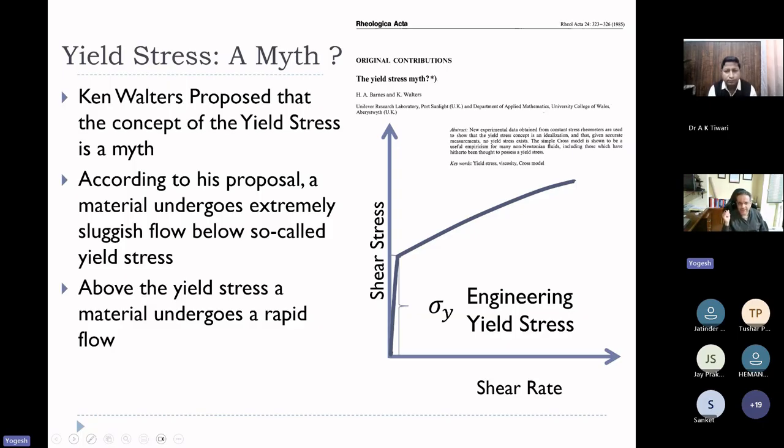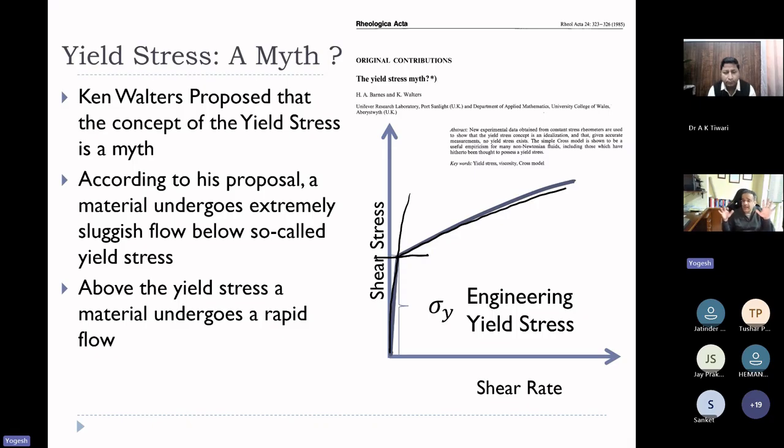What they proposed is that the yielding phenomenon is not actually a no flow to strong flow transition, but a weak flow to strong flow transition. According to them, below yield stress, the material flows with extremely high viscosity, but above yield stress, it yields and starts flowing with lower viscosity.